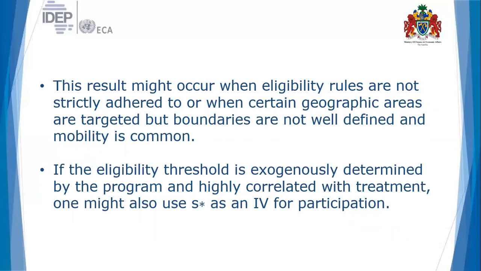So there would be exchanges of information or intervention aspects between the two groups, the intervention and the non-intervention group, or the treatment and the control group. So if the eligibility threshold is exogenously determined by the program and highly correlated with the treatment, one might also use S star as an instrumental variable for participation.